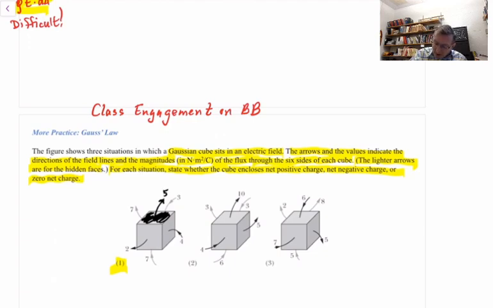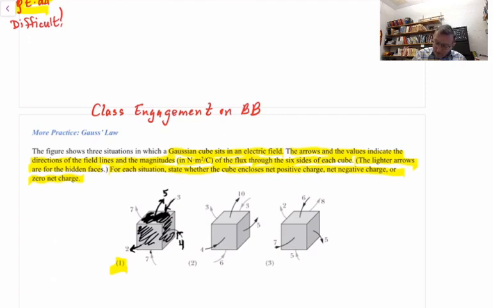Then over here on the right surface, look at the arrow, you have inward piercing electric flux of magnitude 4 Newton meters squared per coulomb. On the front face, you have outward piercing electric field with magnitude 2 Newton meters squared per coulomb. At the back face, you have inward piercing electric flux with magnitude 3 Newton meters squared per coulomb.